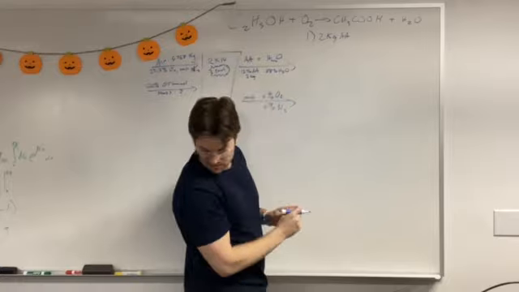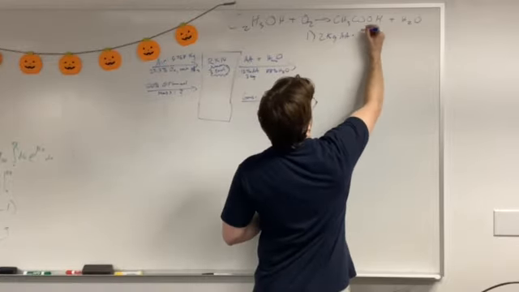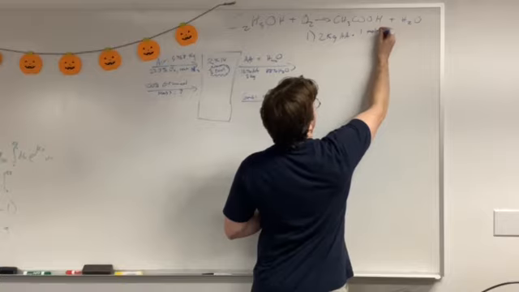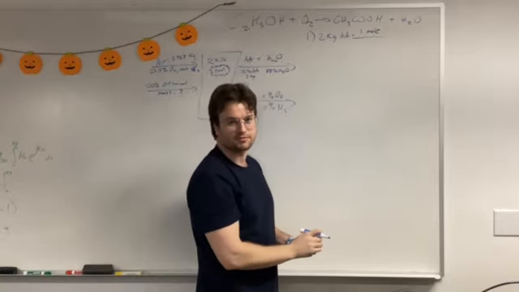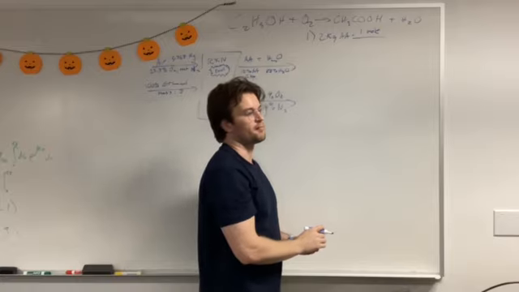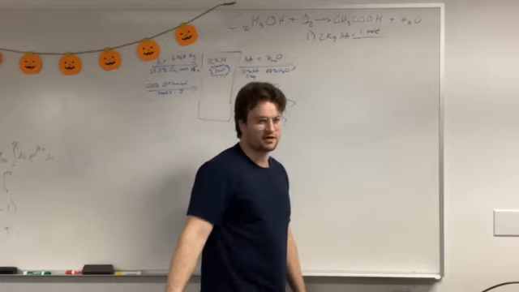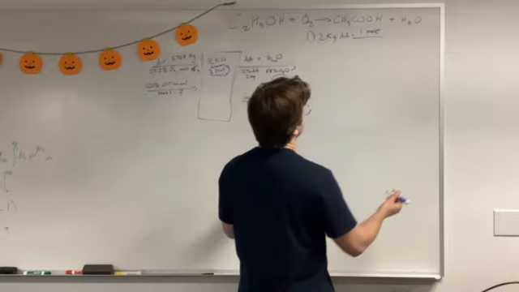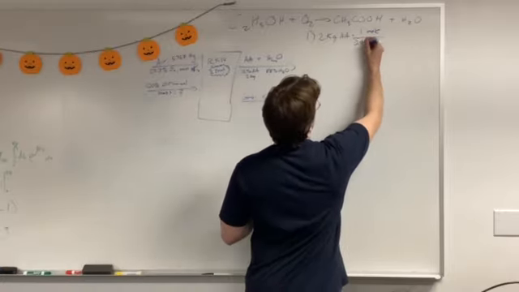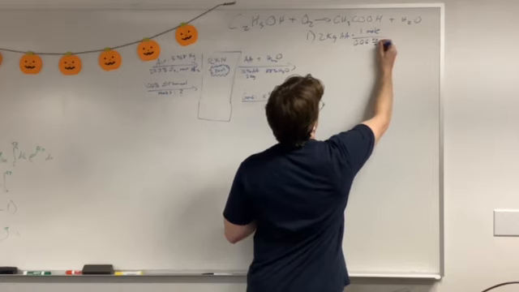Acetic acid is 60 grams per mole, which means it's about 0.06 kilograms per mole. The molar masses are in grams, so make sure you do them in kilograms unless you want a bunch of extra conversions.